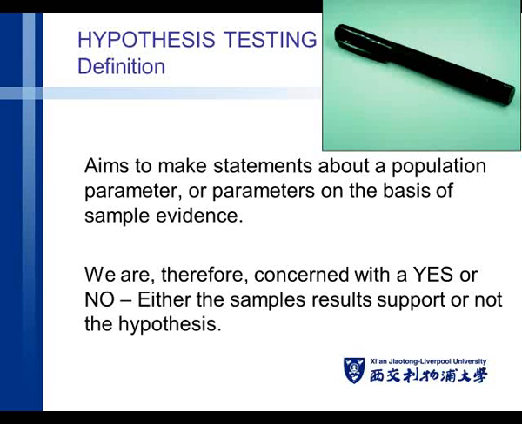The idea is like this. There is a true population distribution. Suppose the height of people or students in this lecture hall. There is a distribution of student heights.